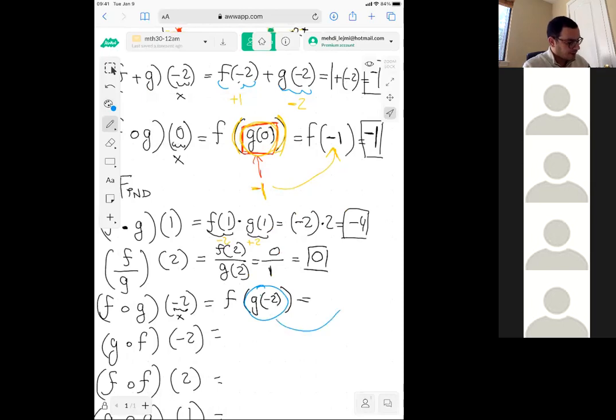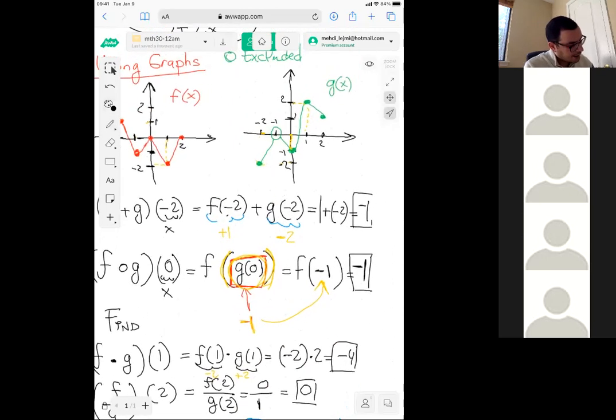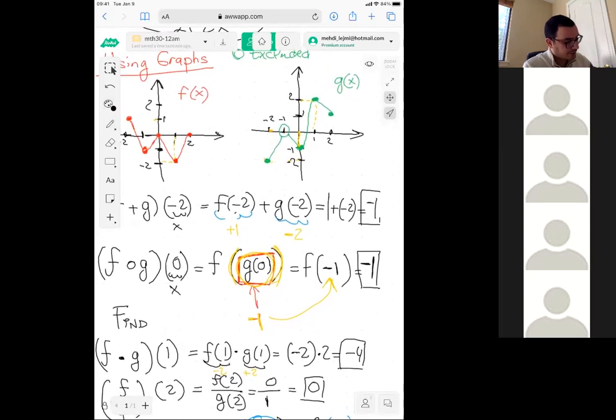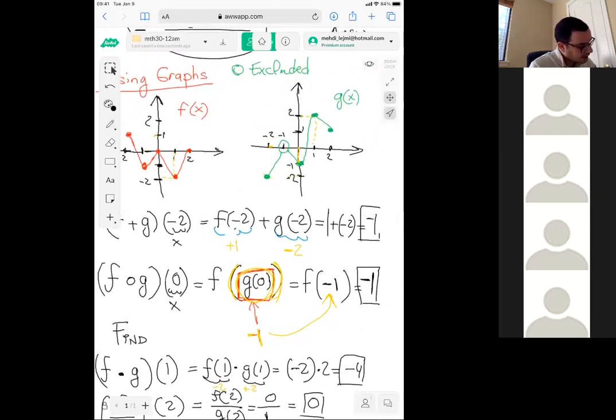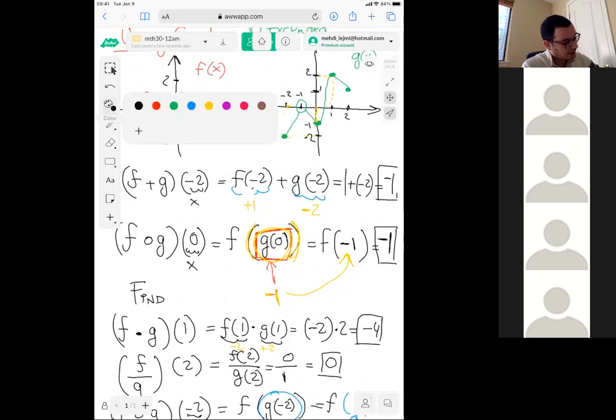So I have to find g of -2, and that will be between the parentheses, and I still have an f outside. G of -2 is -2. You see right here, g of -2 is -2.